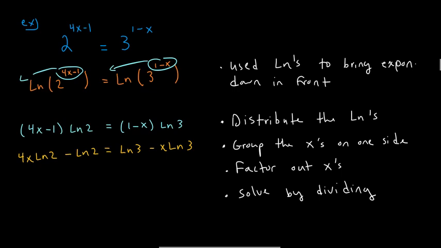And so now I want to group everything that has an x on it on one side of the equal sign. So I want to add x natural log of 3 to both sides. I'm also going to add the natural log of 2 to the other side to get rid of it, because the natural log of 2 on that side does not have an x associated with it.